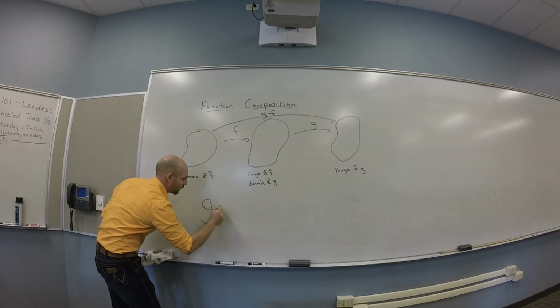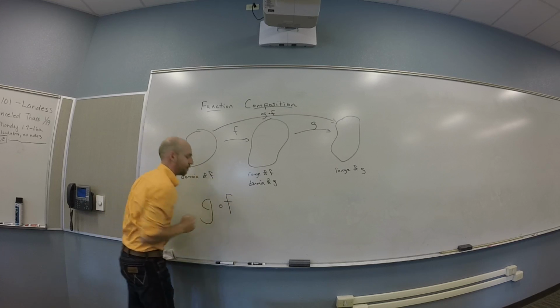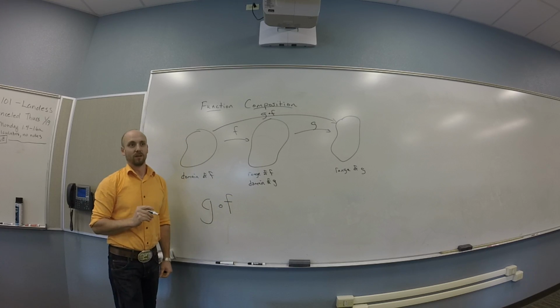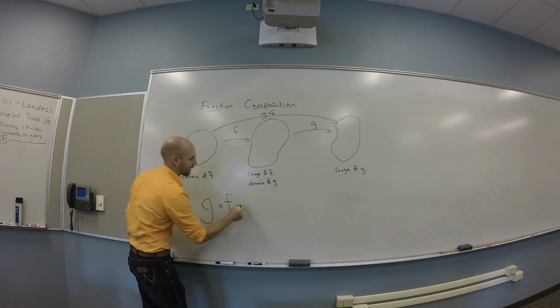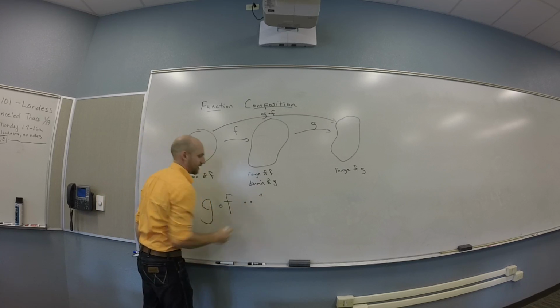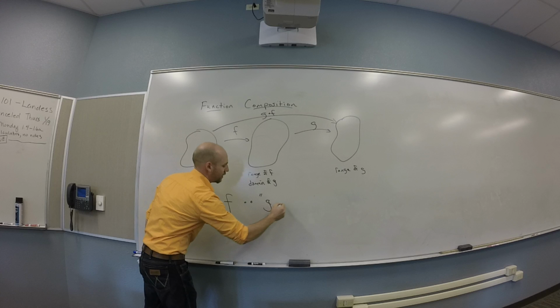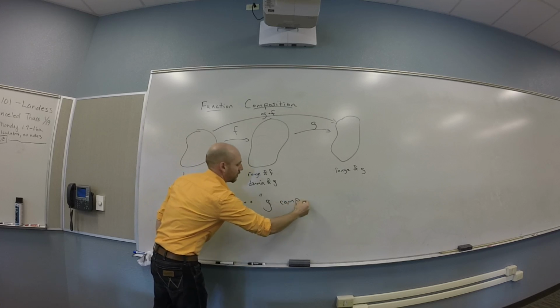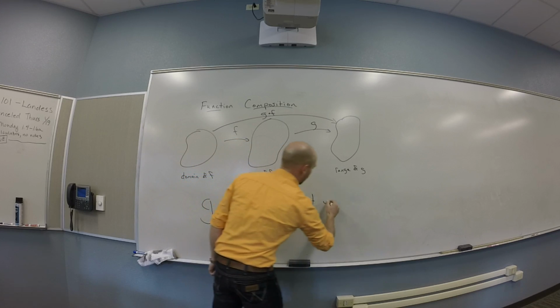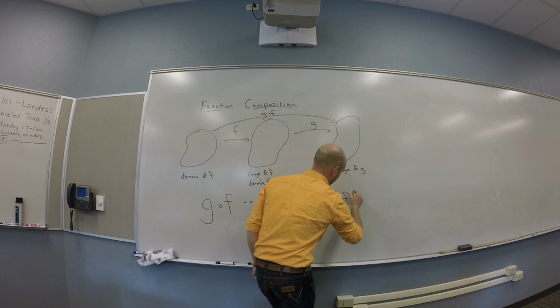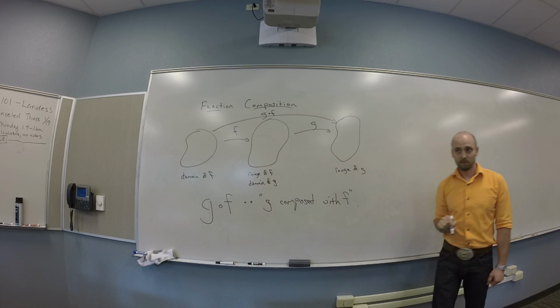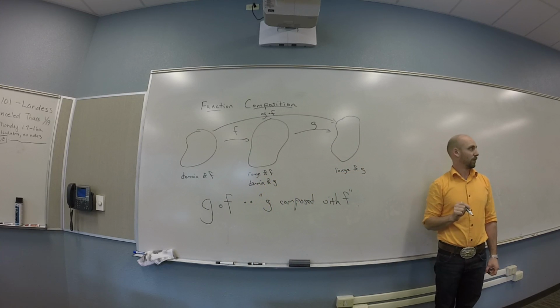So I've got a G and a little open circle and a F. You want to say this business, you say G composed with F. You guys cool with that? So that's do F first, then do G.